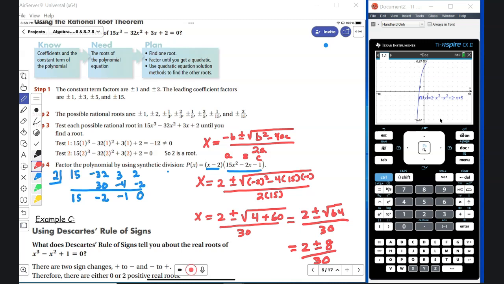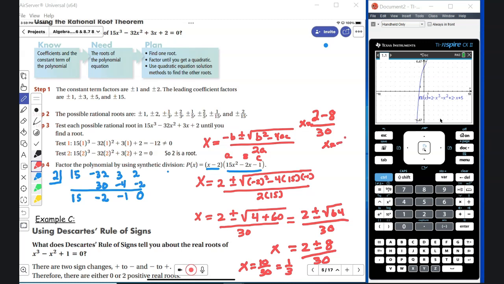So our two answers are going to be 2 plus 8, which is 10, divided by 30. So one of them is going to be 10 over 30, which is equal to 1/3. And the other root will be 2 minus 8, divided by 30.